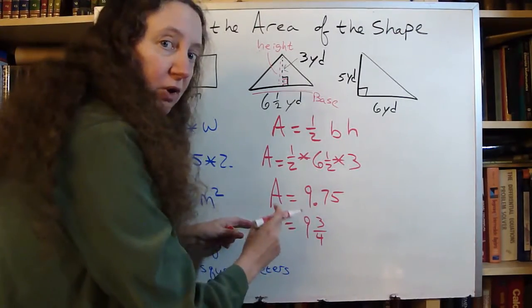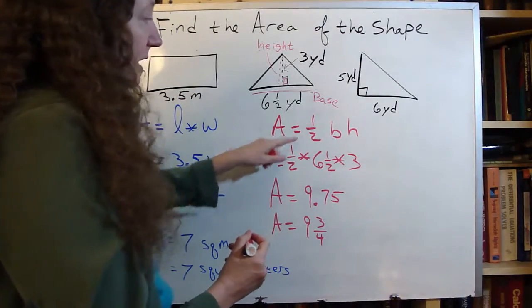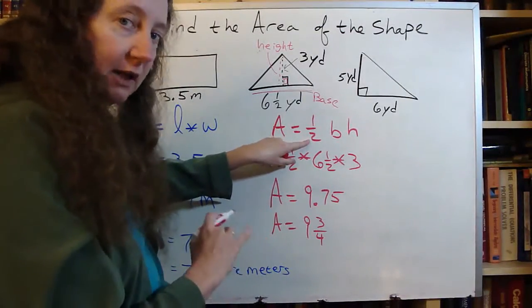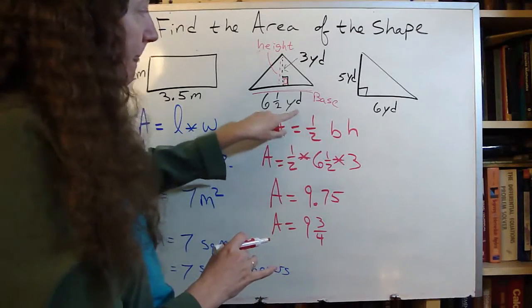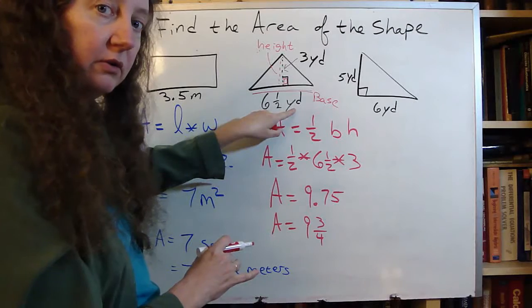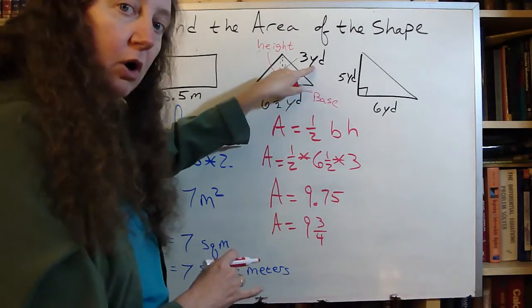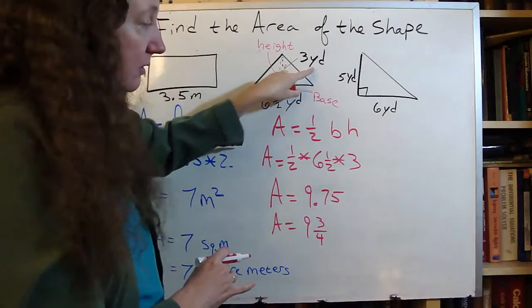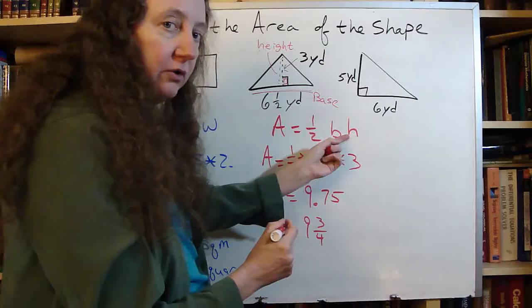I need to put my units on the end of this. I'm not done with this yet. So here, I had the 1/2. That does not have a unit on it. The base has the unit yards. The height also has the unit yards. So I have yards times yards.